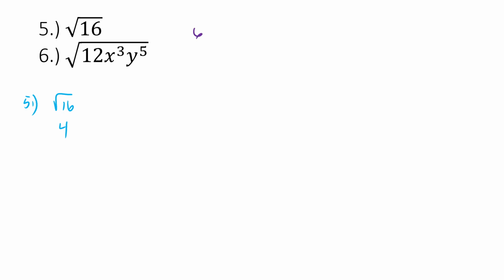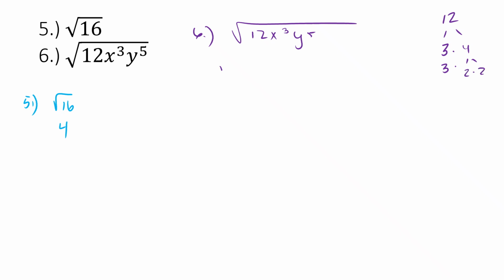All right, for 6, we have the square root of 12x to the third, y to the fifth. We'll do a little bit of work over here with the 12 factors into 3 times 4, and then the 4 factors into 2 times 2. So here we'll have 3 times 2 times 2, we will have x to the third, and then y to the fifth.